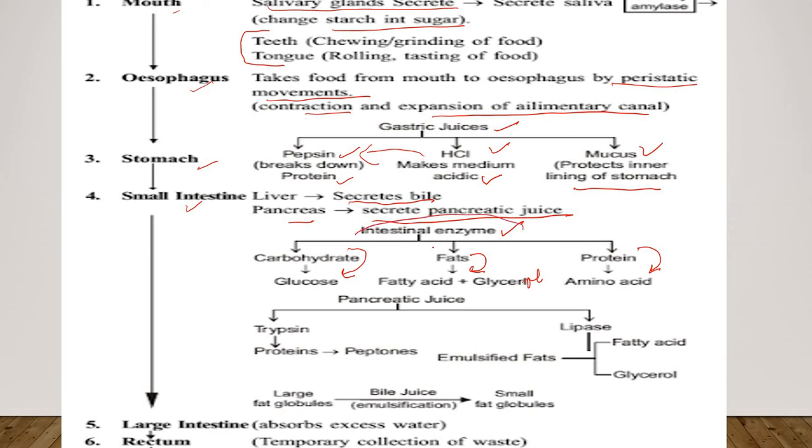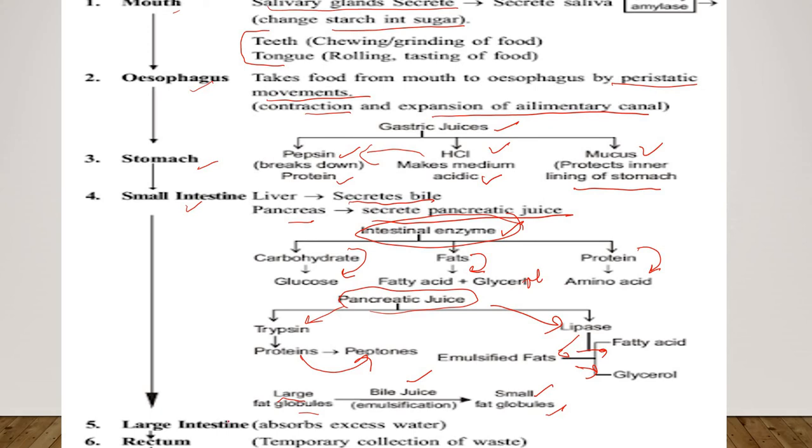These are present in the intestine only. Pancreatic juice has trypsin and lipase. Trypsin converts proteins into peptones, and lipase acts on fats to convert them into fatty acids and glycerol. Large fat globules are converted by bile juice into small fat globules.